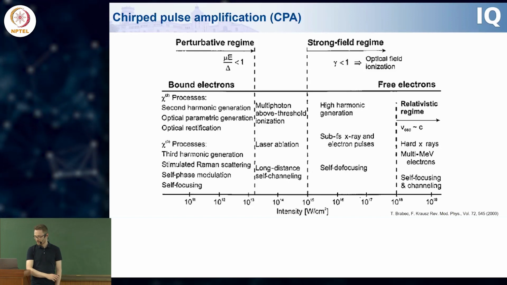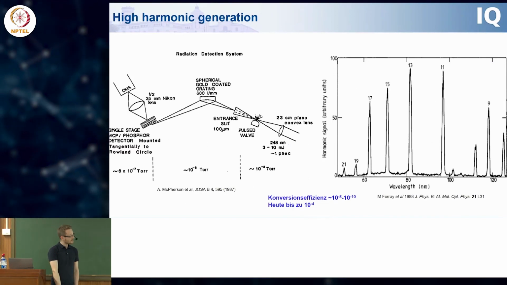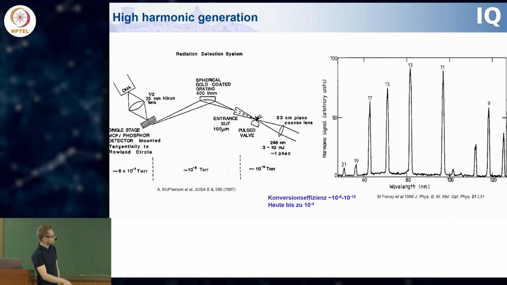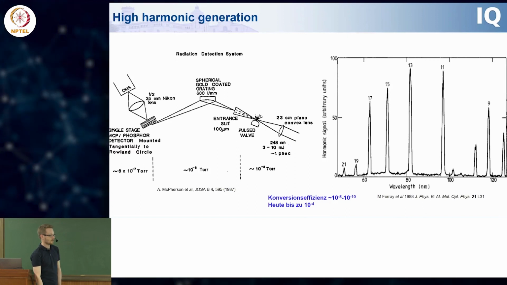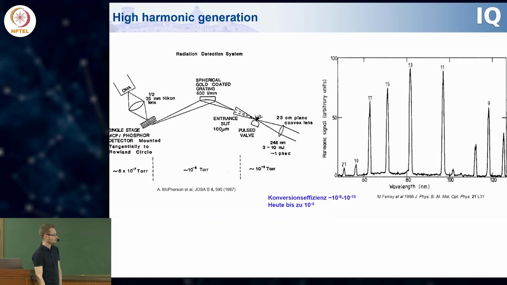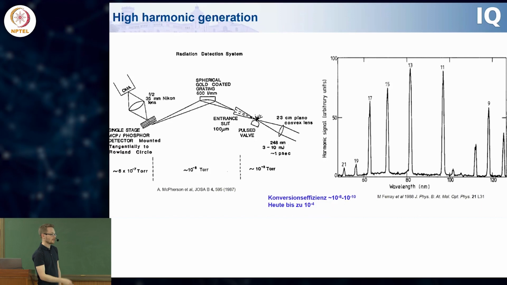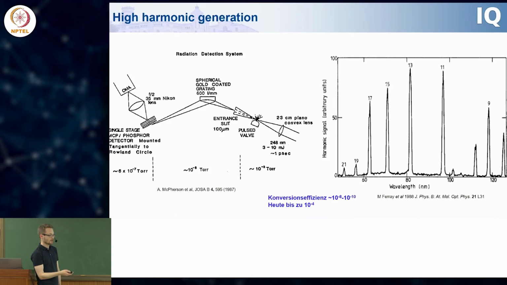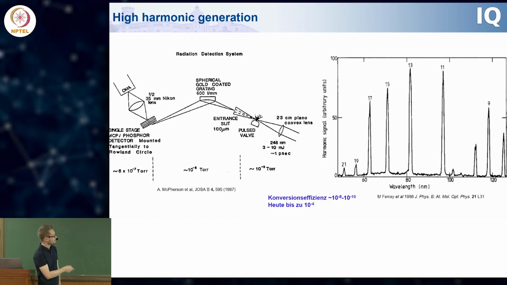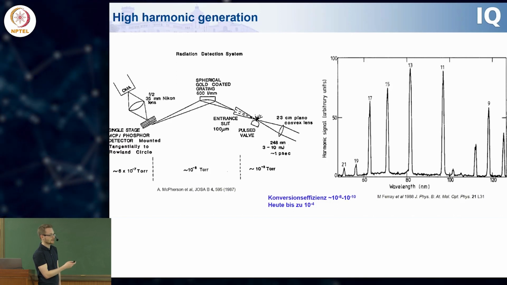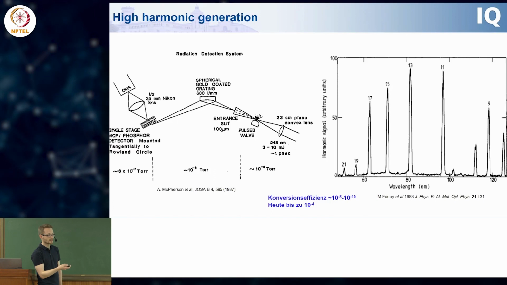And that's exactly the next point. Here you see the two papers that early described high harmonic generation. The base setup is you take one of your really short pulses, typically around 30 to 50 femtoseconds, and focus it tightly into a gas jet. Here, typically noble gases, argon, xenon.